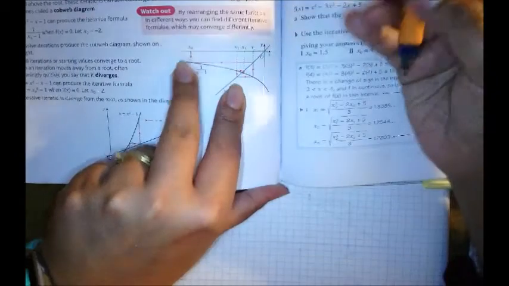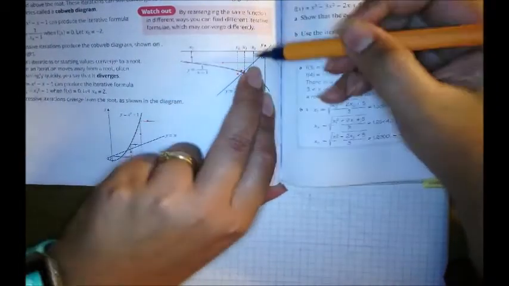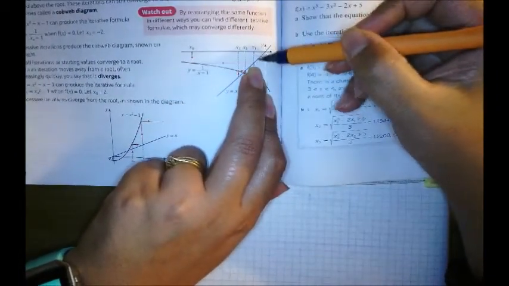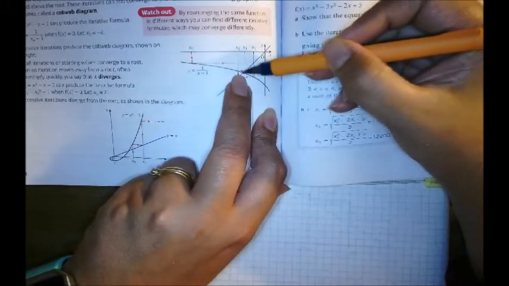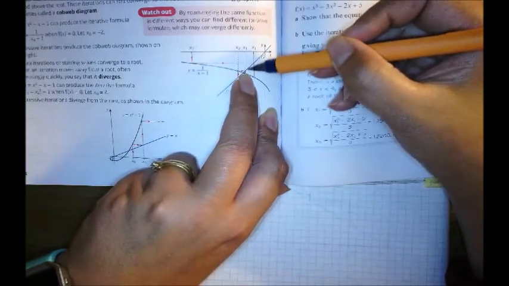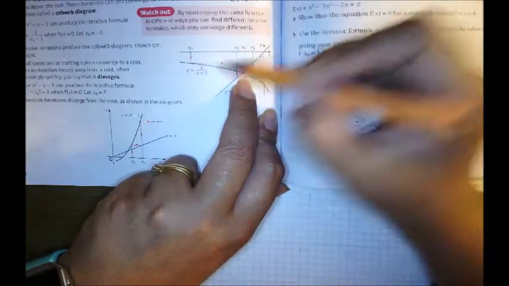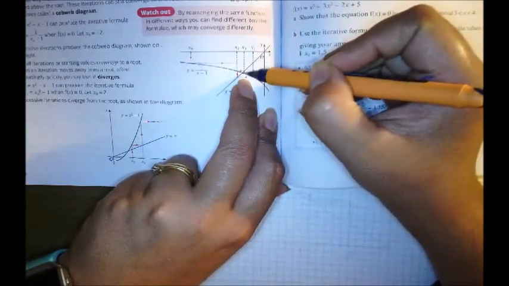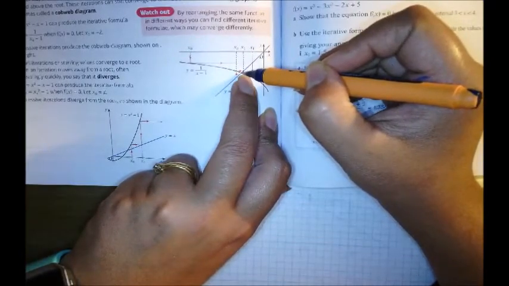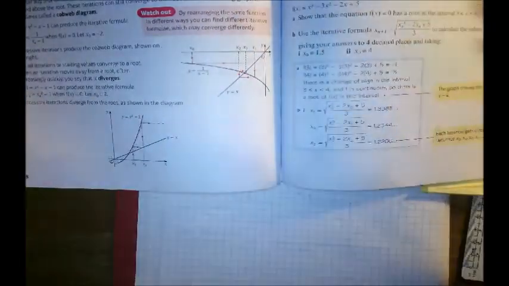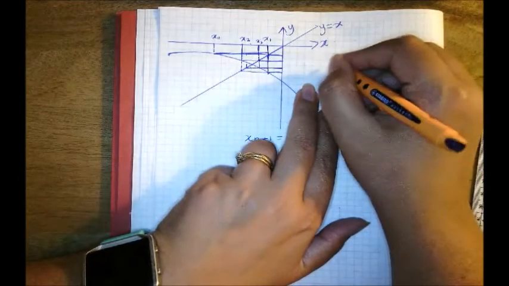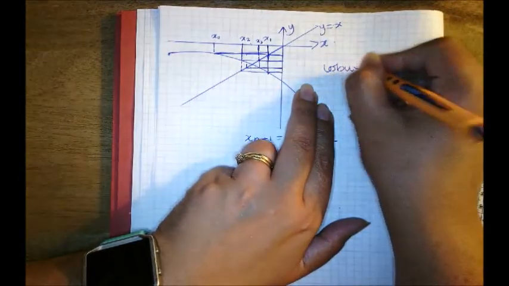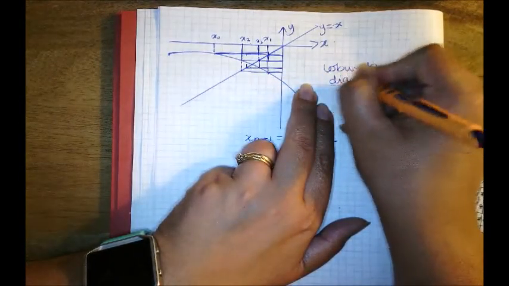Okay, so I've got x3, which is there, then I put x3 and I get this as my output value, which is here, and then I go up and around and around, and what I'm actually forming is a cobweb which looks something like this.